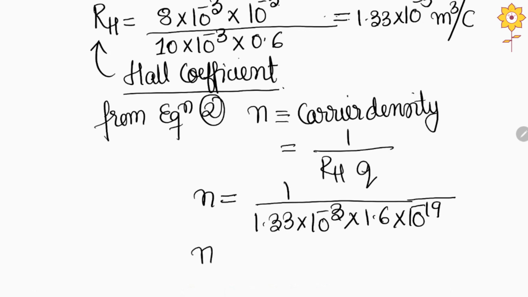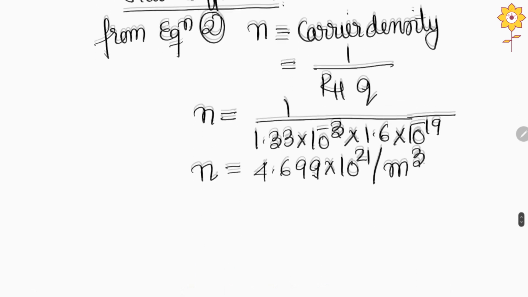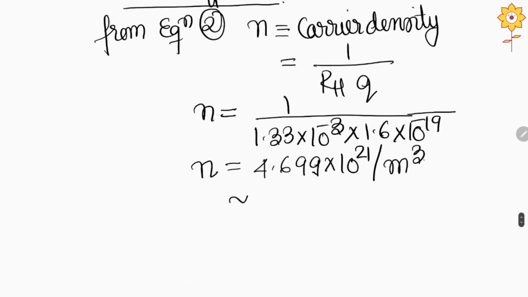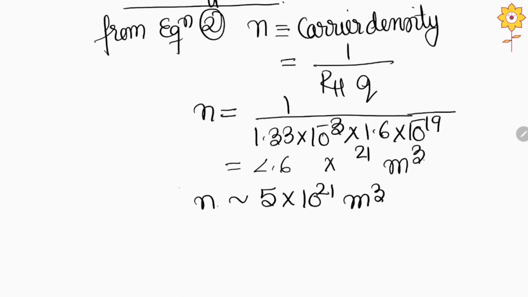Hence your N, if you work this out, turns out to be 4.699 into 10 raised to 21 per meter cube, or approximately you can say it is 5 into 10 raised to 21 per meter cube. So that's your N. Is it clear?